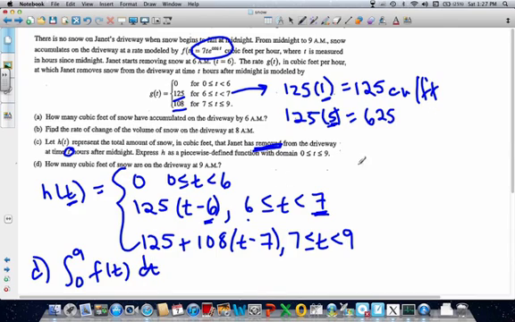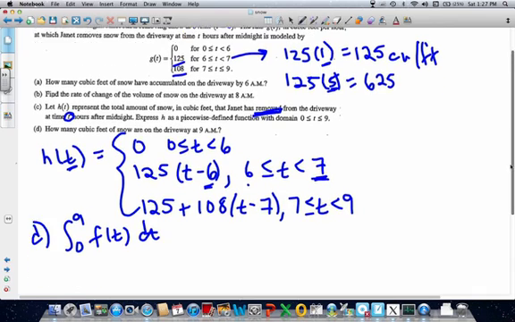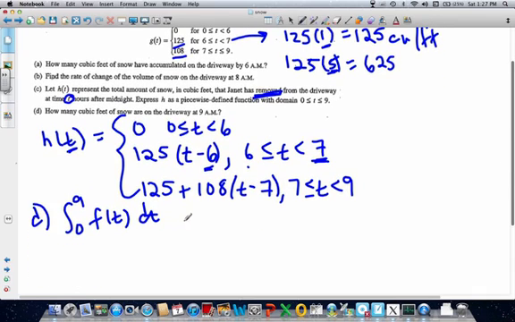This, in effect, would give us total snowfall minus how much she's cleaned up. Well, in the first hour, she cleaned up 125. And in the second and third hour, she shoveled 108 per hour. But we're going from 7 to 9, so that's 2 hours. So this is 108 times 2.